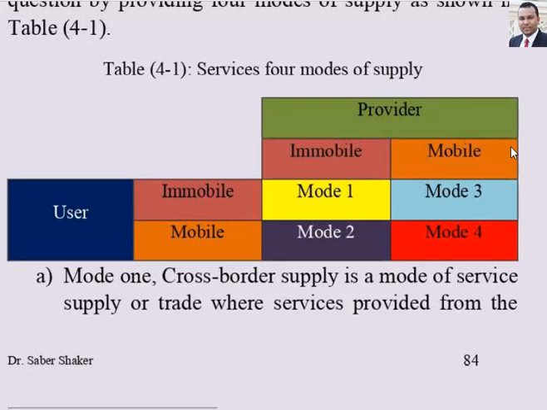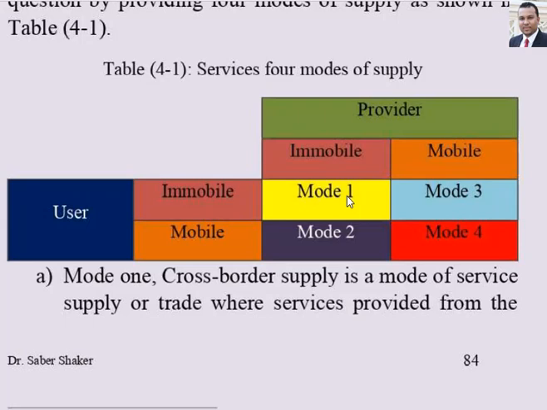In each case, we compare between 2 cases, immobile and mobile. Immobile means the provider or the user is still in his place or in his country. Mobile means the provider or the user moves to another place.